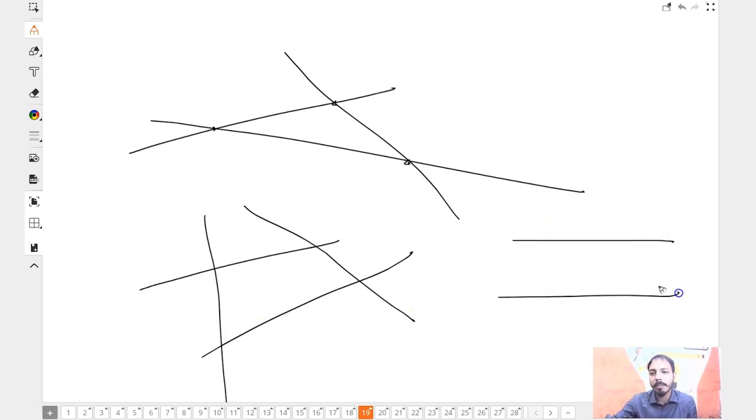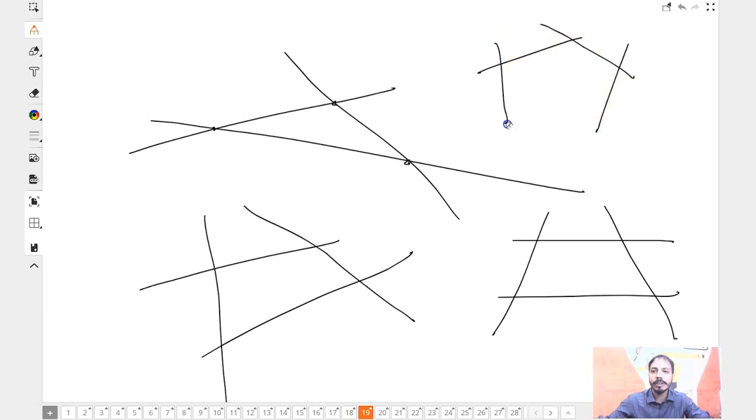If 2 of them are parallel and the other 2 are not parallel, you get something like a trapezoid, right? So in such a way you can form polygons with the help of this, right? And ultimately you can form a circle. Now I can say that a circle will have infinite straight lines. That means these are all known as tangents in a circle, right?